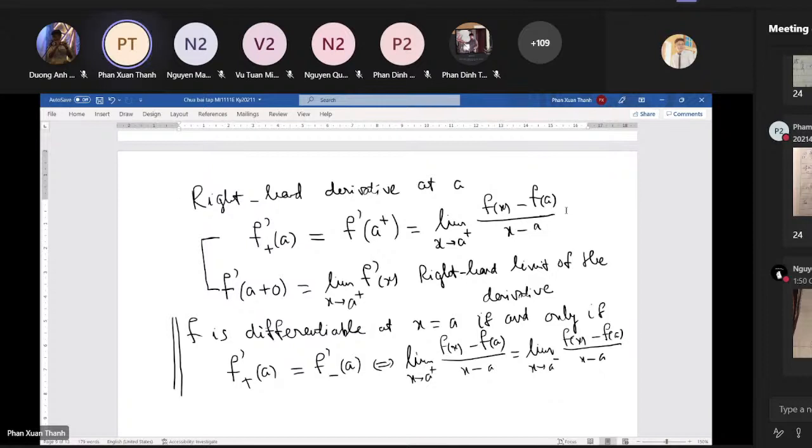So they are different. It's not the same. You have to be careful. So f is differentiable at a if and only if the left hand derivative equals the right hand derivative at x equals a.